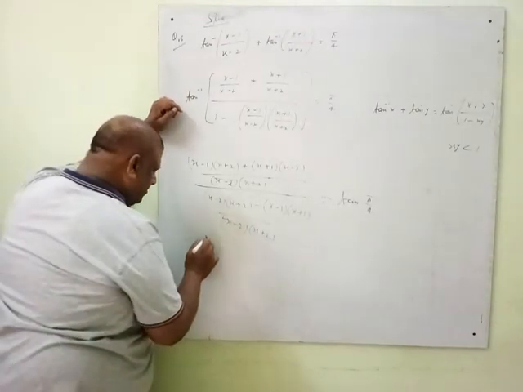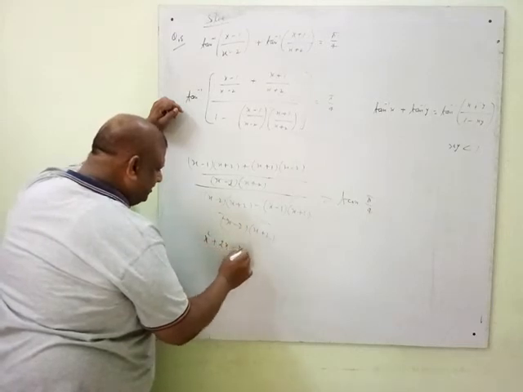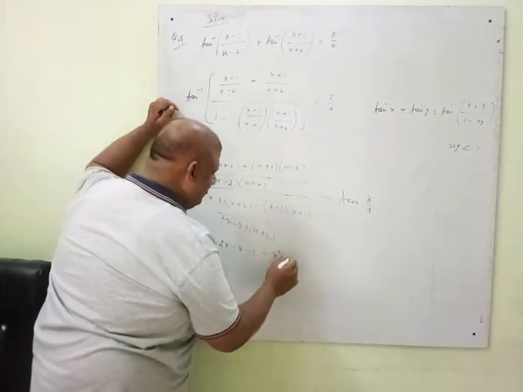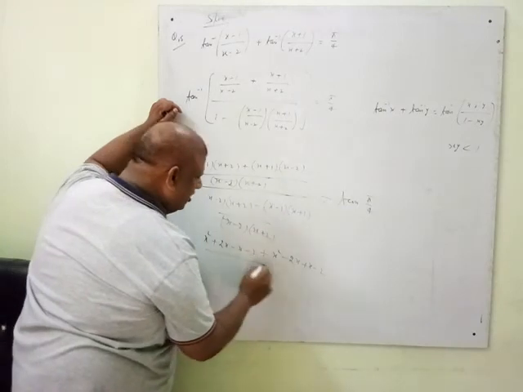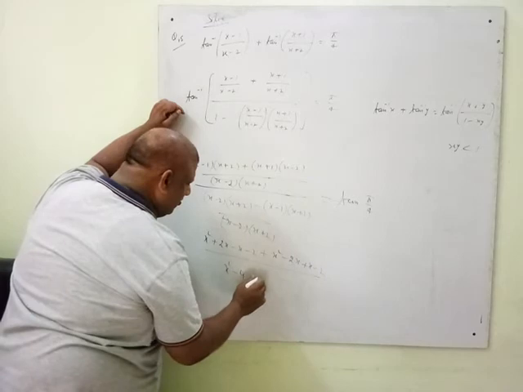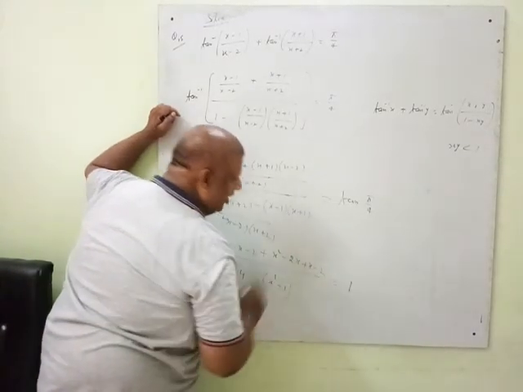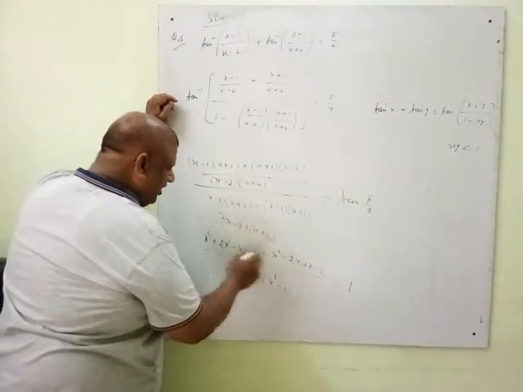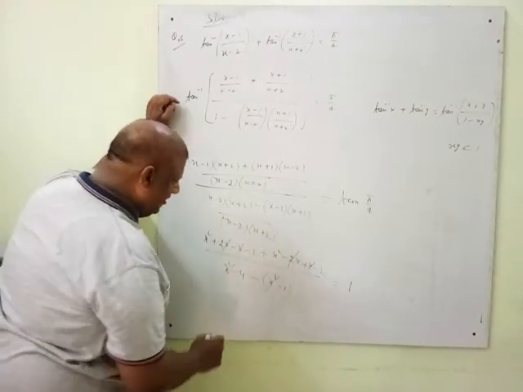Simplify this. x square plus 2x minus 2 plus x square minus 2x plus x minus 2, upon x square minus 4 minus x square plus 1, which is equal to 1, because the value of tan pi by 4 is 1. 2x cancels, x cancels, in the denominator x square cancels.